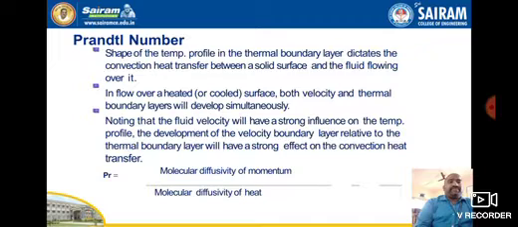Second, in flow over a heated or cooled surface, both velocity and thermal boundary layers develop simultaneously. Last, the fluid velocity will have a strong influence on the temperature profile. The development of the velocity boundary layer relative to the thermal boundary layer will have a strong effect on convective heat transfer. So by these conditions, the Prandtl number is decided by the molecular diffusivity of momentum as well as the molecular diffusivity of heat.